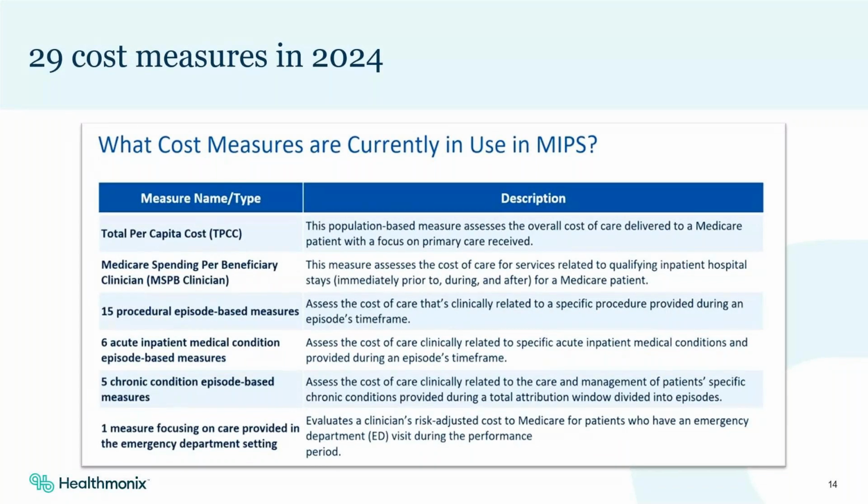So if there's a patient that goes away from your practice sometime during the year, you won't necessarily be attributed all the costs for the entire period where you might not be seeing that patient. The MSPB measure is focused on an inpatient stay.